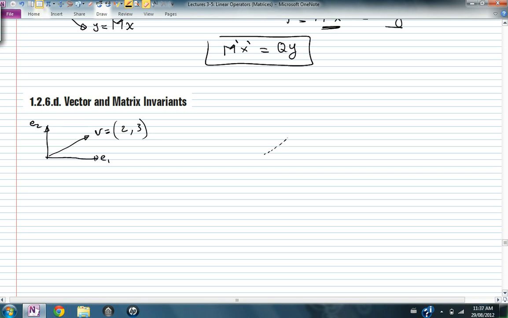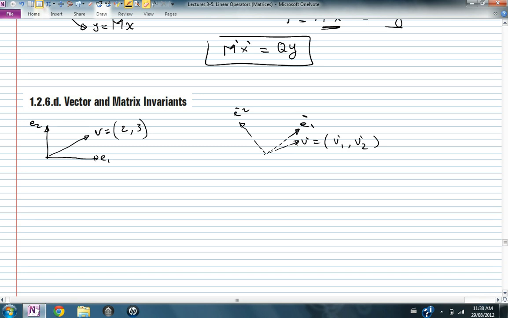Now if the same person or somebody else is studying the velocity of the same particle but in a new coordinate system, they will get two new components, v-1 and v-2. Now these are not equal to the original components, so the numbers are going to be different.